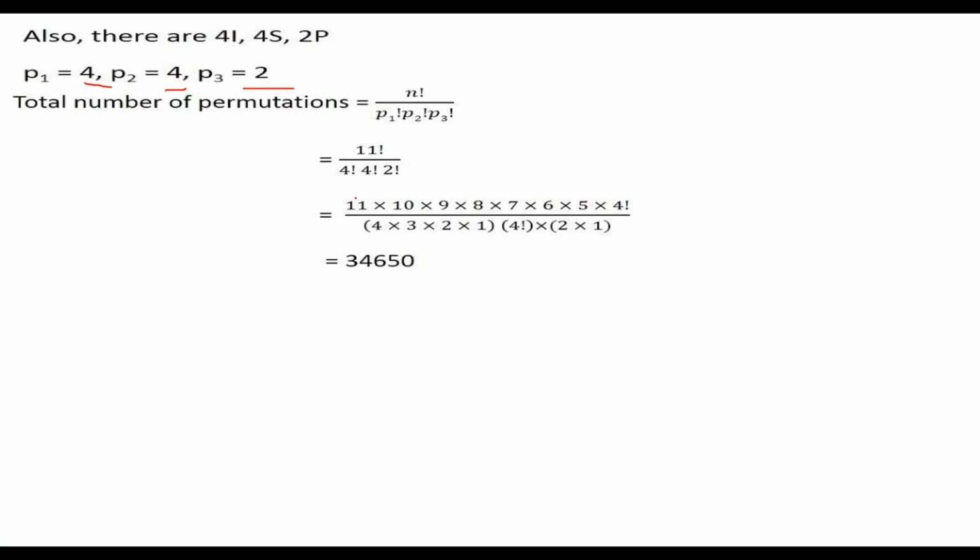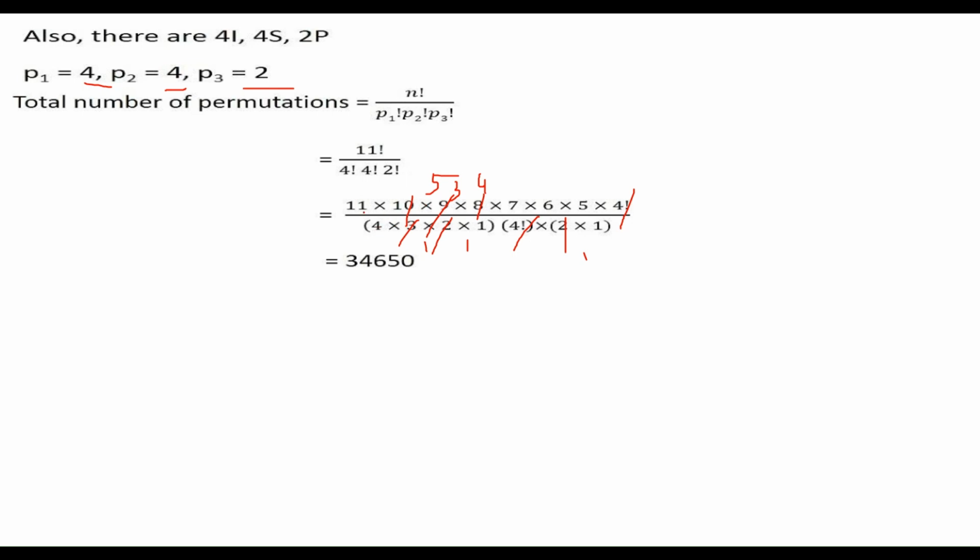Again, this 4 factorial we will split, and this 4 factorial we can cancel. 2 fives are 10, 2 fours are 8, and 3 threes are 9. Now we can't cancel further.